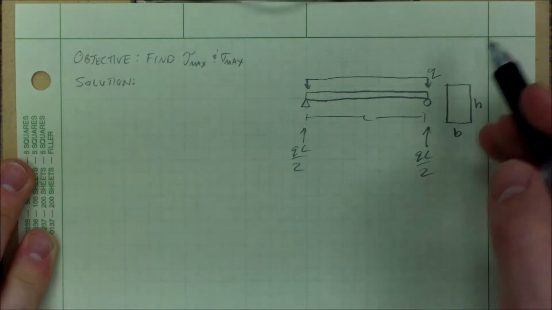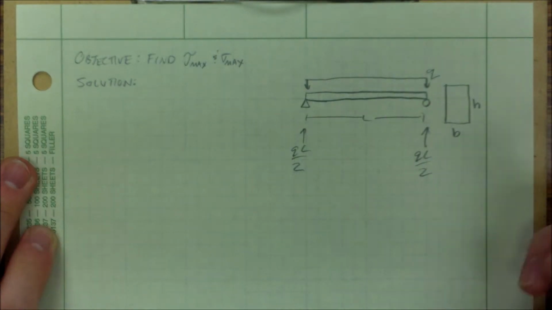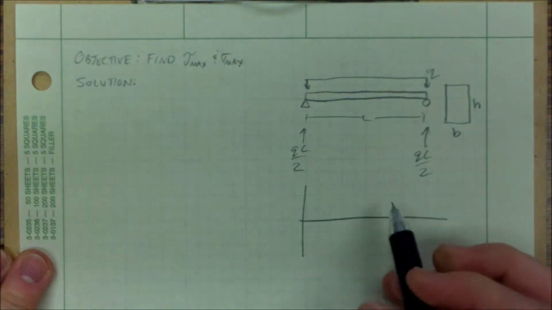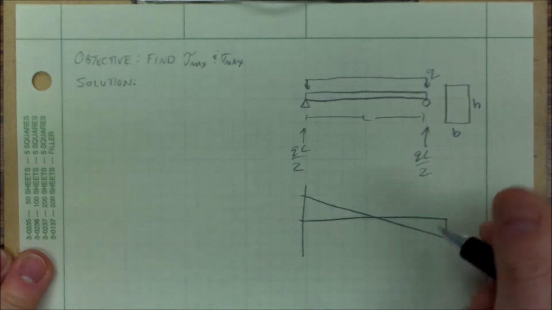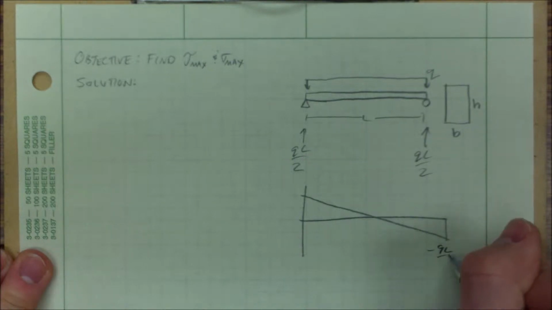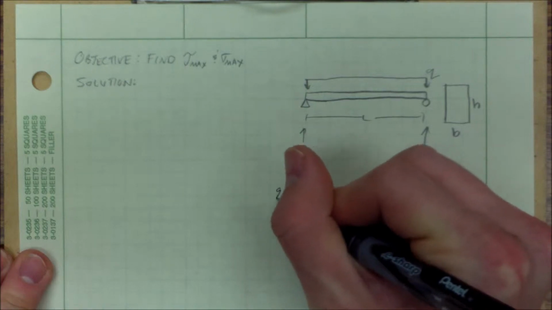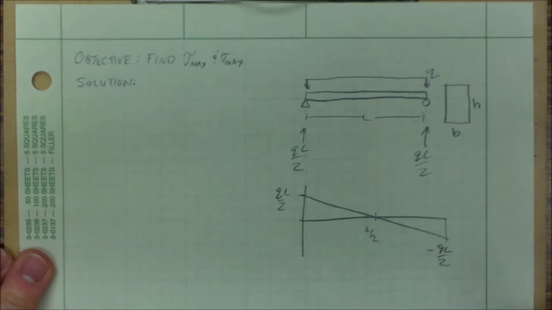If you could see where that comes from, the total load's QL, and I have 1/2 on each side. Which means that my shear diagram should look something roughly like this, where this is negative QL over 2. I go up, and this is QL over 2, and this is right at L halves.